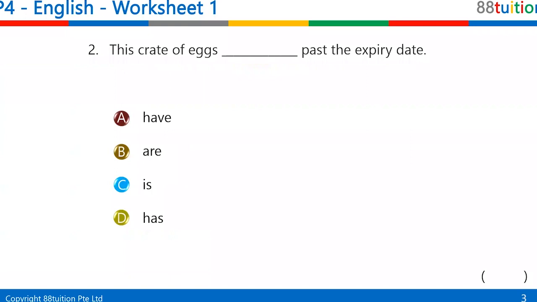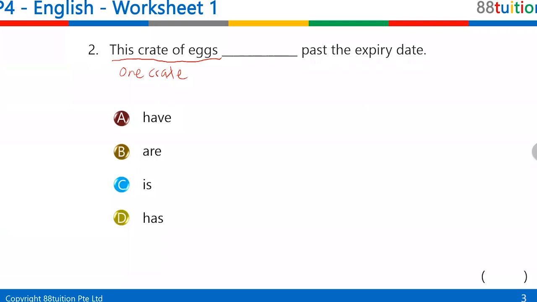This crate of eggs, blank, past the expiry date. So again, look at it, this crate of eggs. This crate, how many crates are there? One crate. Although the eggs is there, but the eggs is in the crate. So we're talking about one crate, which is singular.